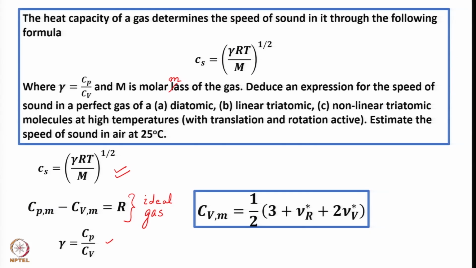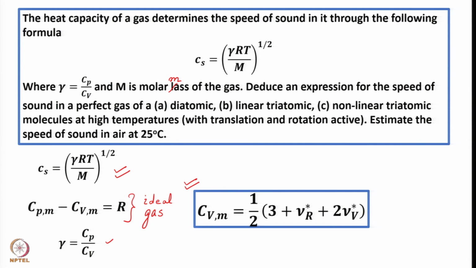The equation is Cvm equals 1 by 2 into (3 plus nu R star plus 2 nu V star) times R. By using this expression, you can estimate the value of Cv. Carefully see what I am saying: I said you can estimate the value of Cv. I am not saying that you can exactly calculate, because there are approximations involved here.